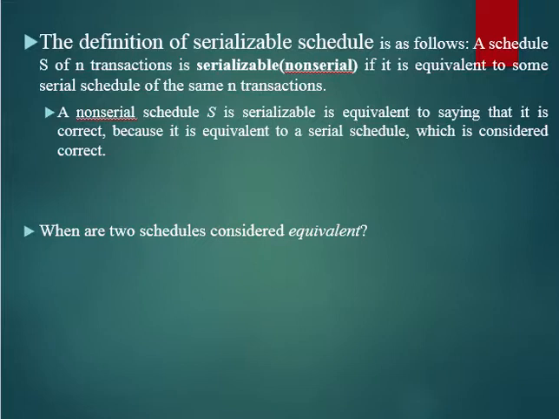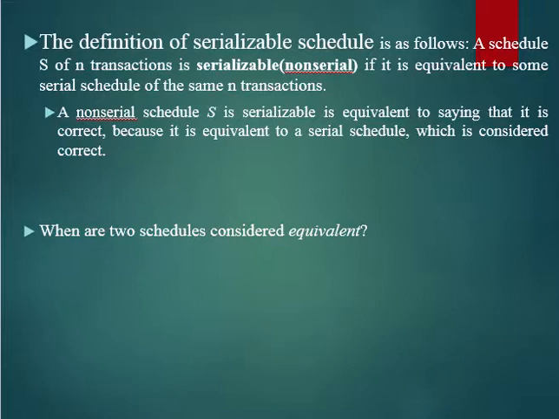Even though the order is changed, all the serial schedules are correct. So if you match a non-serial or interleaved schedule to any one of the serial schedules, then we can say that the interleaved schedule is correct.